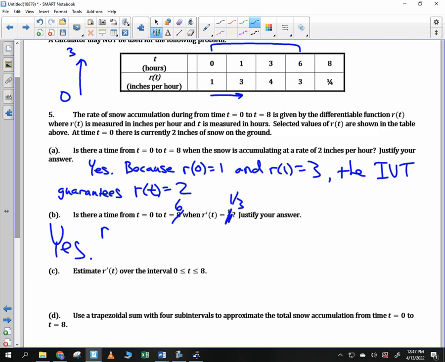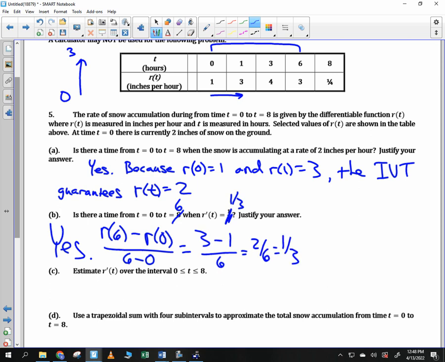Well, if we look at the average rate of change, R of 6 minus R of 0, divided by 6 minus 0, let's see what we get. What is R of 6? 3 minus 1 divided by 6, or 2 over 6, which is 1/3.